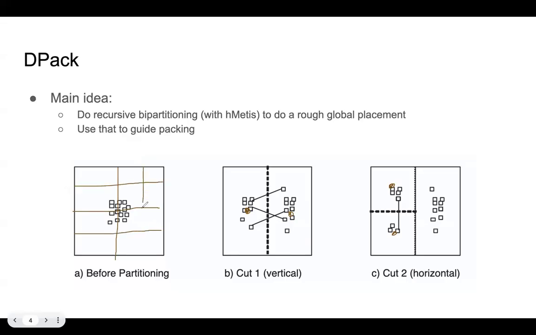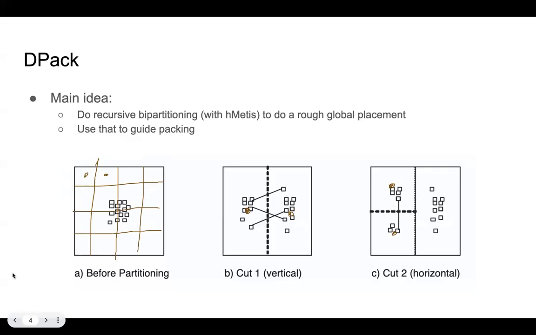And in that grid, if you get the grid fine enough, you have a pretty good placement. So you have a bunch of atoms here and a bunch of atoms here, and you get an idea of where things should be, which is not very sophisticated, but it is kind of a global placement at the end.